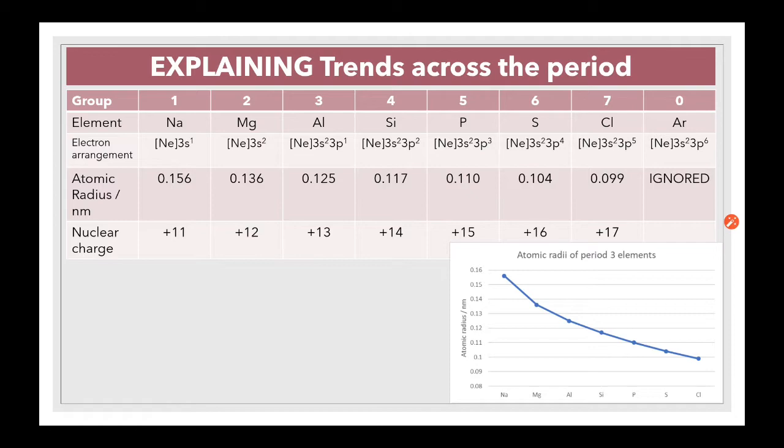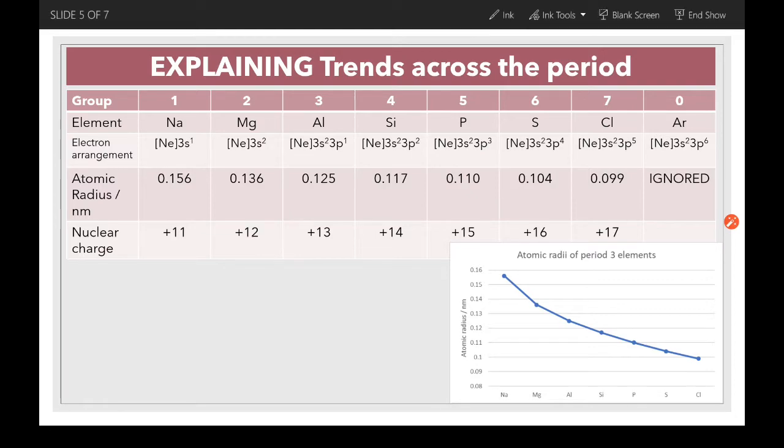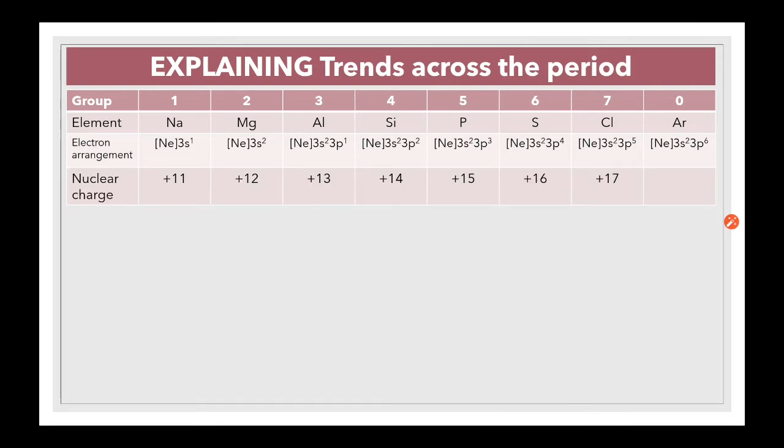Now we've got to explain the trends as we go across the period, and this all boils down to nuclear charge. As we go across the period, the nuclear charge increases, so it's the number of protons in the nucleus, and that is the direct link. Turn onto this page.